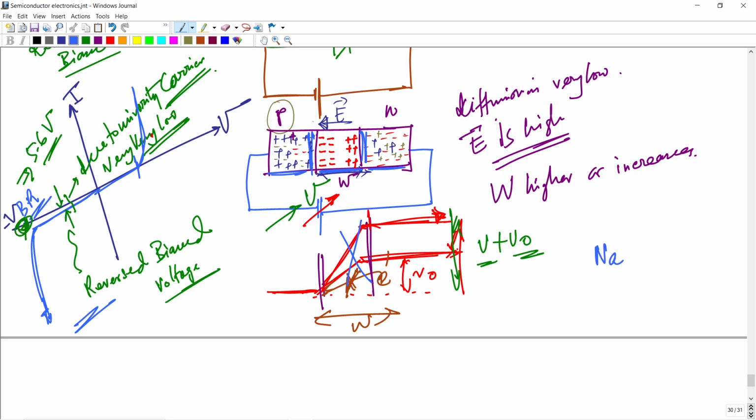Take an example: the atomic configuration is 2, 8, 1. If one electron is lost, we get Na plus. Similarly, if an electron moves from N to P, we get ions here, and if a hole moves from P to N, we get ions here. That is why these two regions are neutral.